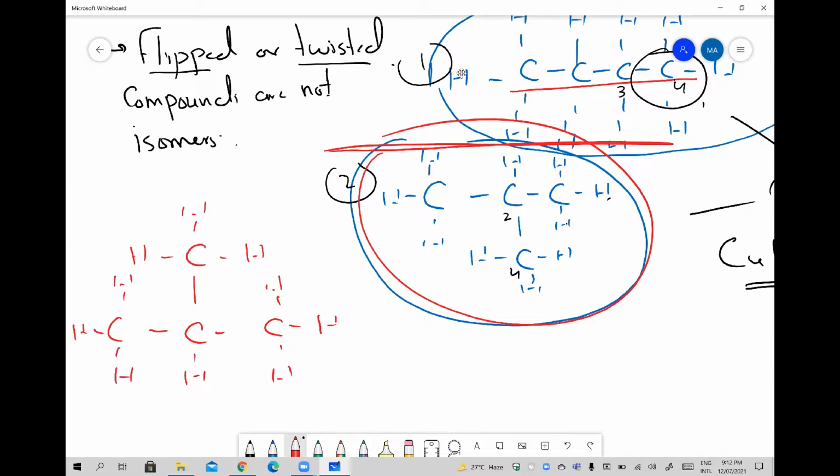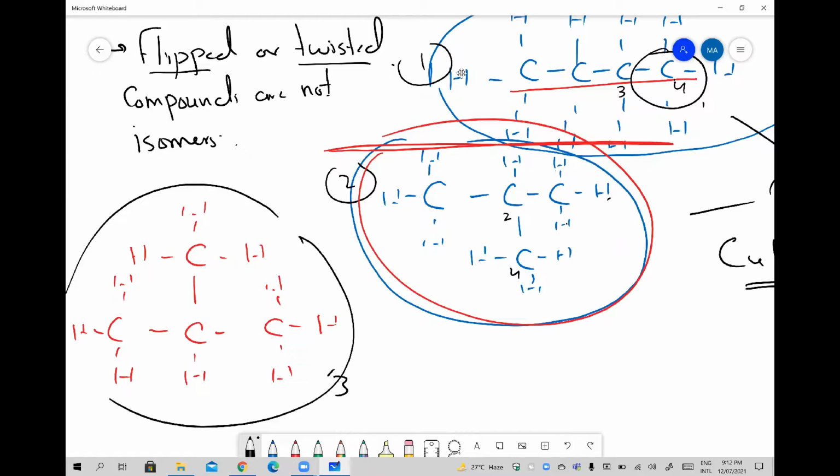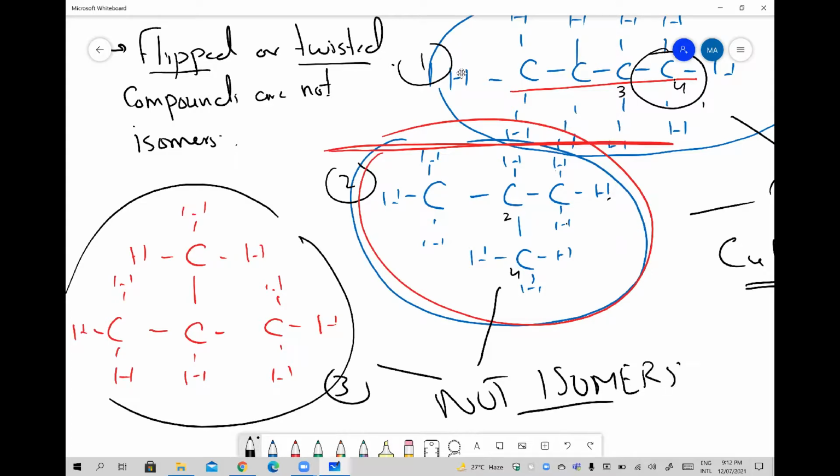Let's say this is the third compound here. Compound 2 and compound 3 are not isomers. Although they have the same molecular formulas and different structural formulas, the structural formula difference is only because of the mirror effect. The compound is just getting flipped. There's no technical difference between the connectivities.